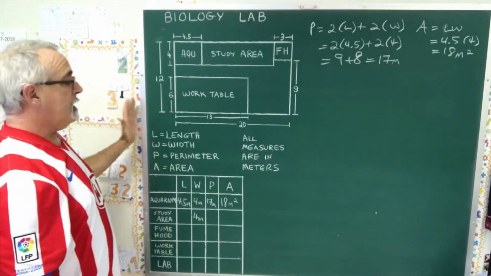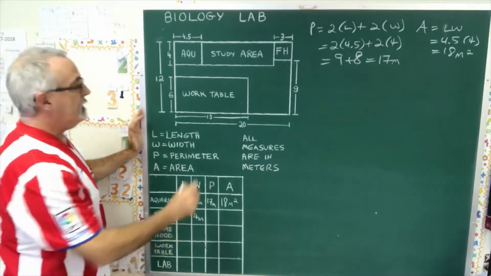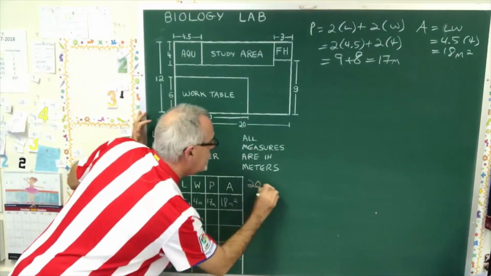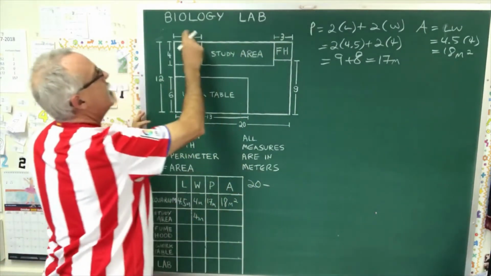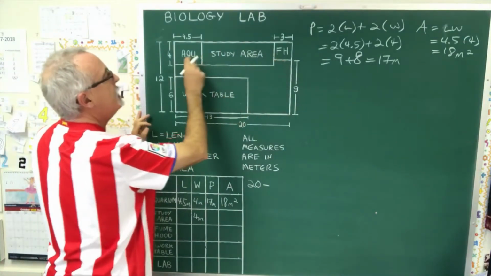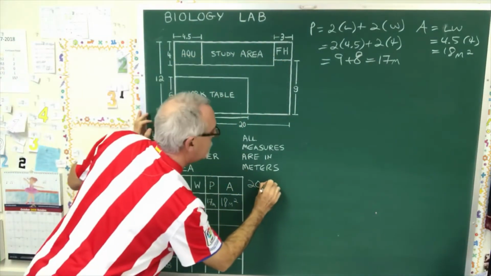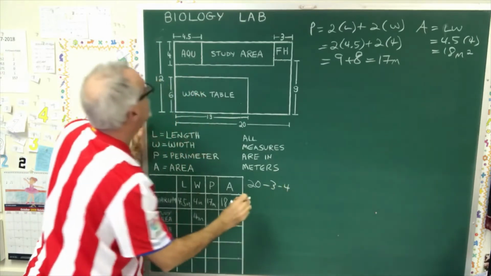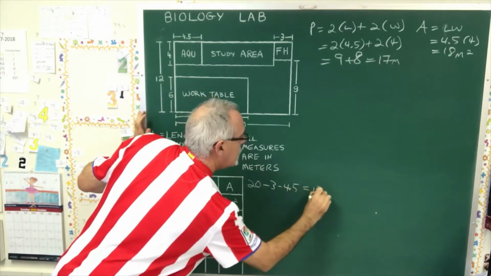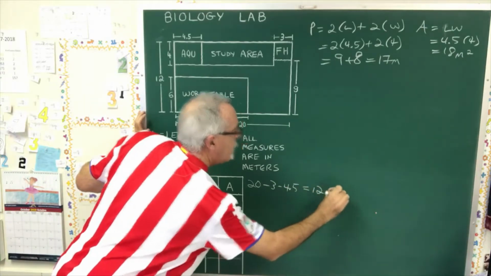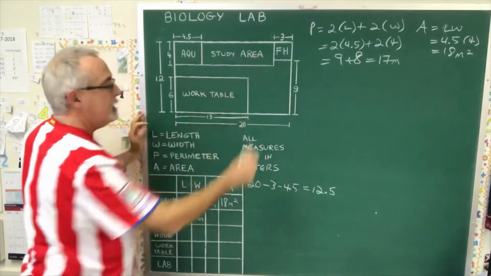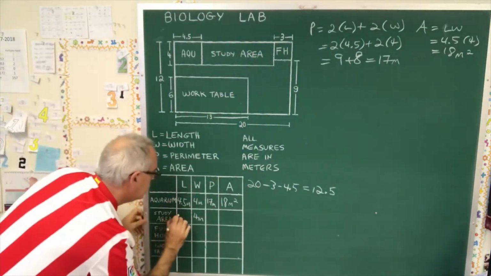Now the length of the study area we have to get with the subtraction. We have to take the 20 meters of the overall lab and subtract the 3 meters and the 4.5 meters lengths of the fume hood and the aquarium. And with our subtraction, we can see that the length of the study area is 12.5 meters.